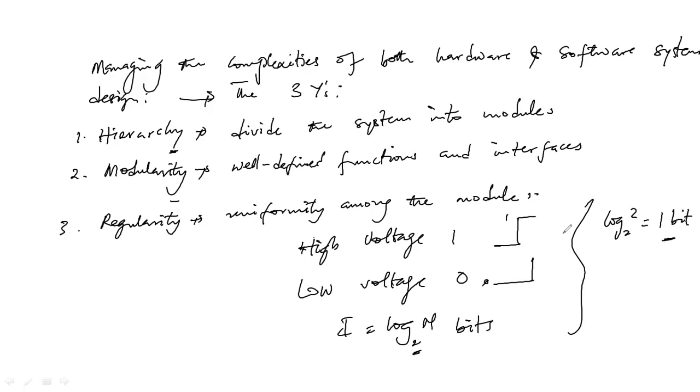Now you'll observe that the word bit is short for binary digit, okay? So the b and the it form bit. Also know that an n-digit decimal representation represents 1 of 10 to the power of n possibilities.